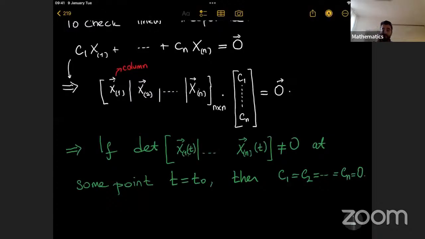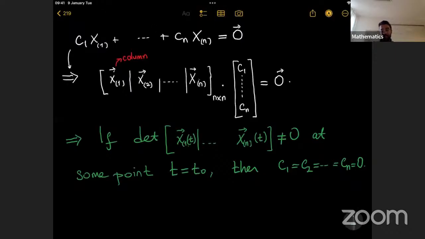We did this earlier, right? We talked about this similar thing. When we have determinant non-zero, then we have an invertible matrix, and the coefficients must be 0. And this implies the set of solutions x1 up to xn is linearly independent.